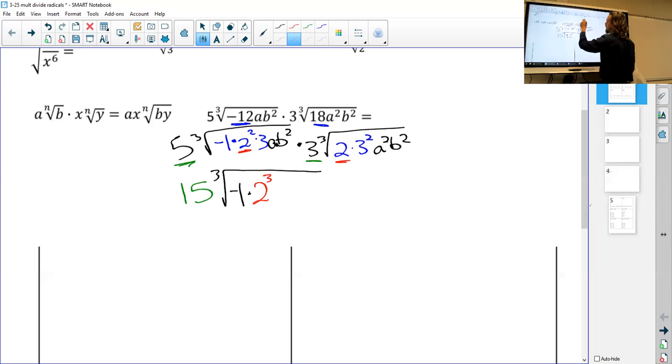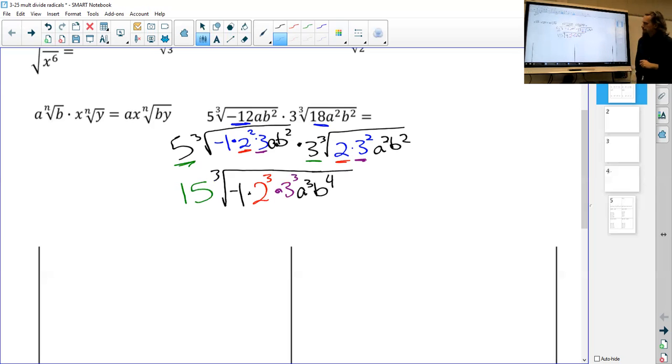And then I have, let's go purple, I've got 3 times 3 squared, so that's three 3s, so that's 3 to the third power. And then the variables are nice and easy. A times A squared is A to the third. B squared times B squared is B to the fourth. Okay, and now that's what I'm looking at.